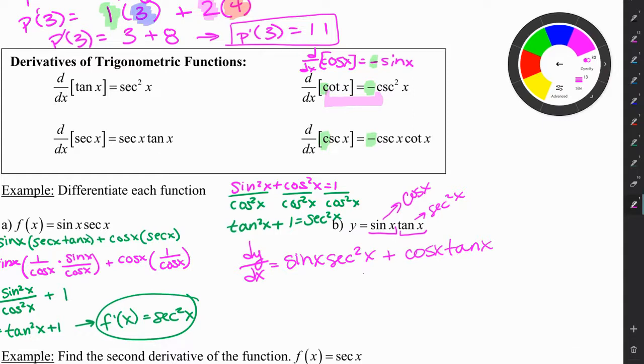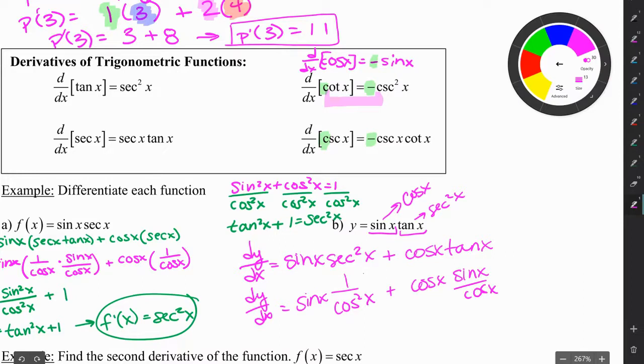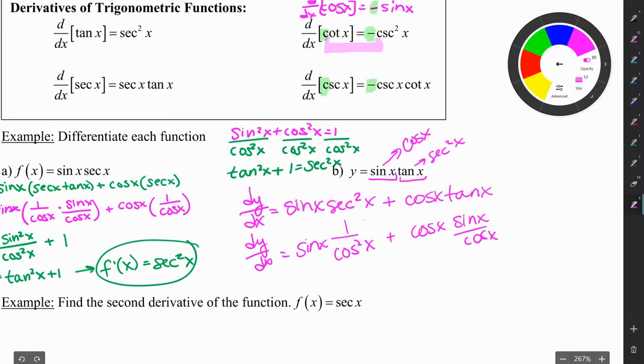Next, we're going to go through and rewrite everything in terms of sine and cosine to see if anything will simplify. Secant squared would be 1 over cosine squared, and tangent is sine over cosine. Well, by looking at this, I can simplify, cancel there.